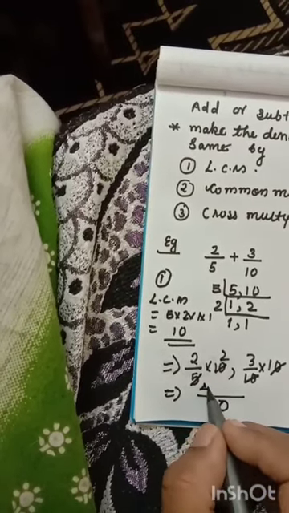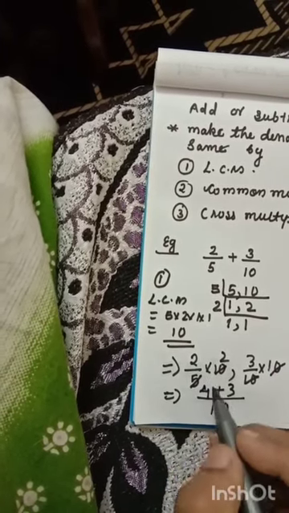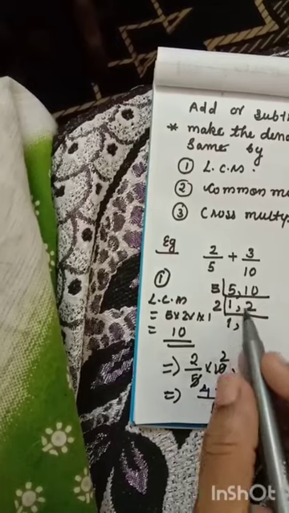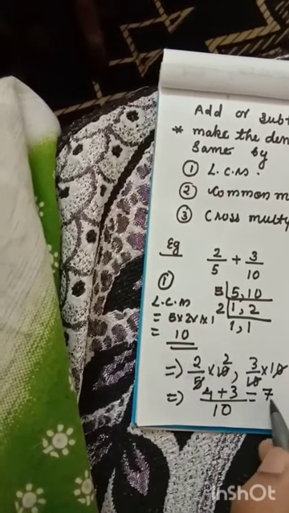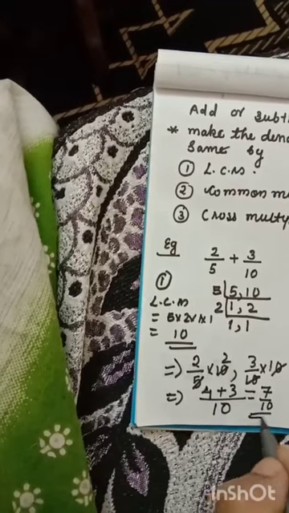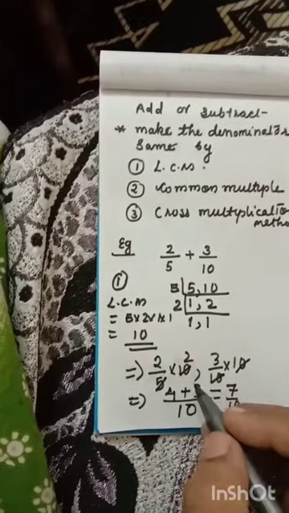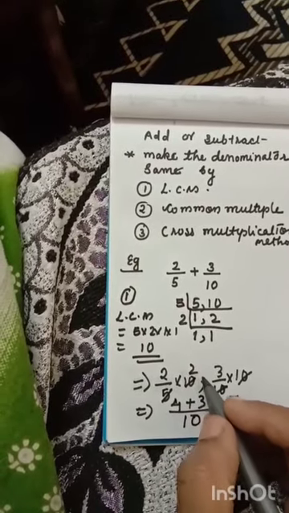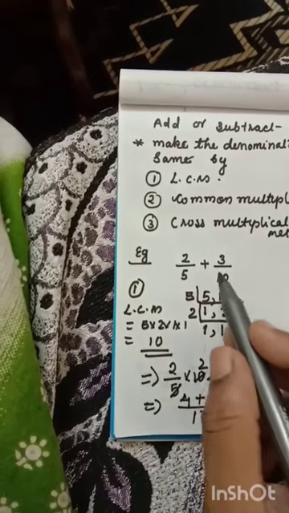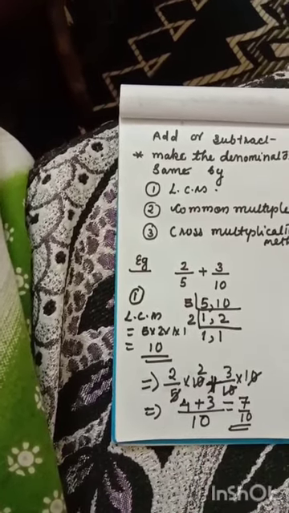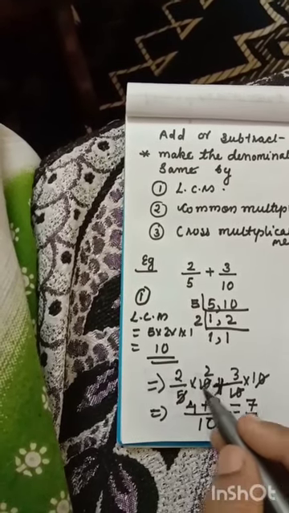Here 4 plus 3. Am I right? 2 2 are 4. Here 3. You have to add, 7 by 10. Okay. Understand everybody? In between you can put a plus sign because here it is plus. Understand, children?